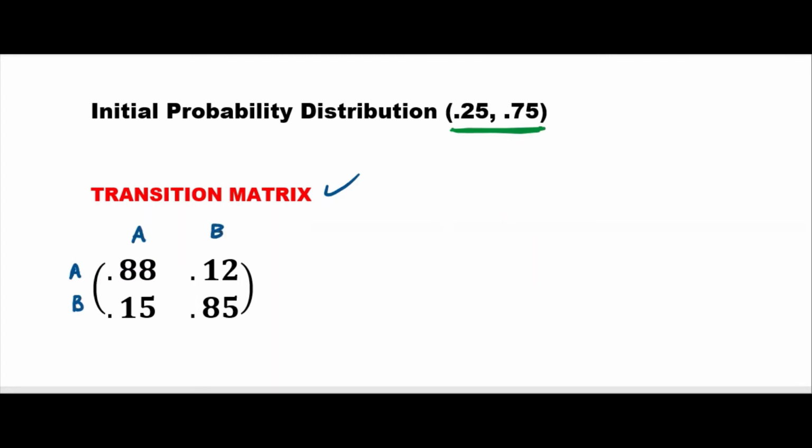Then the probability that the customers will continue to purchase from the same company A, that is 88%, and some will move, that is 12%, and the competitor B, in their company the customers will stay, that is 0.85, 85%, and 15% will move to A.